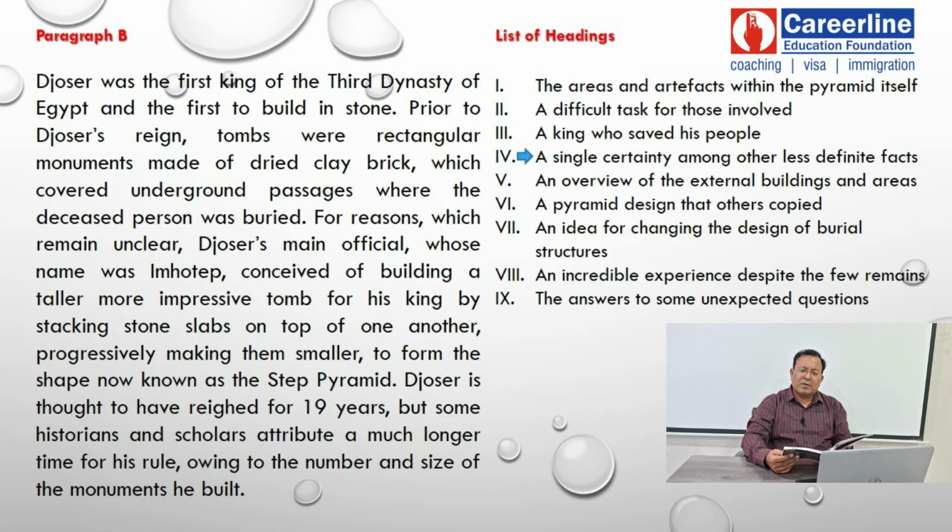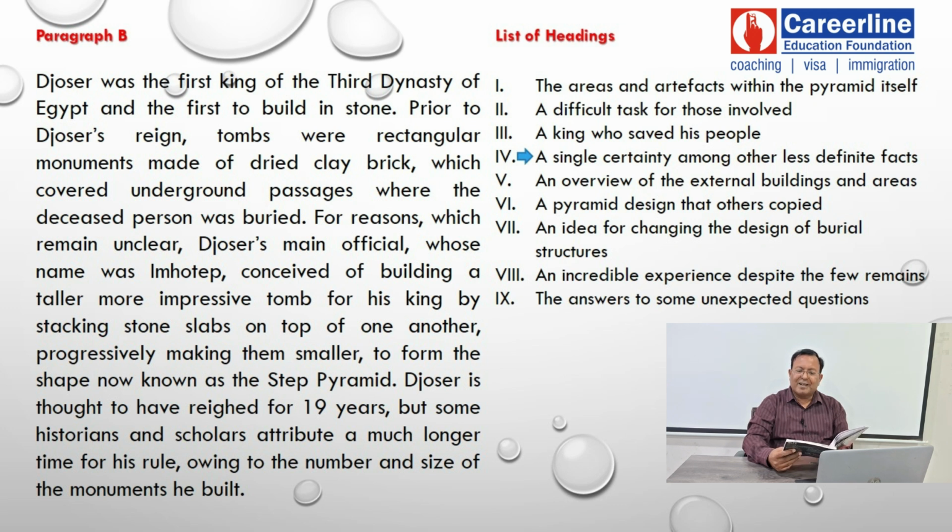It is paragraph B. Djoser was the first king of the third dynasty of Egypt and the first to build in stone. Prior to Djoser's reign, tombs were rectangular monuments made of dried clay brick which covered underground passages where the deceased person was buried.